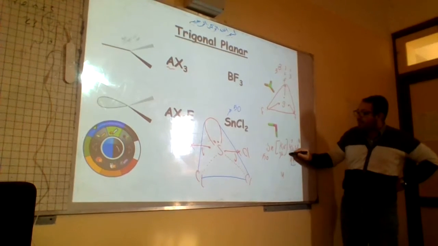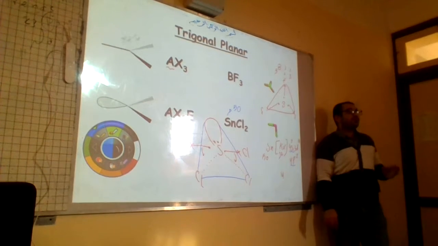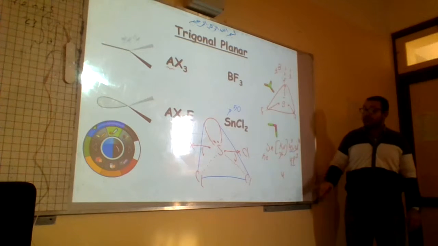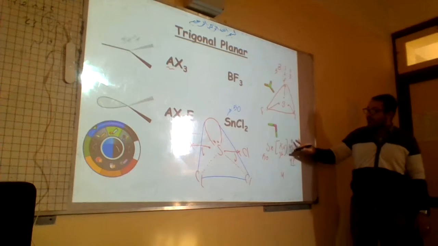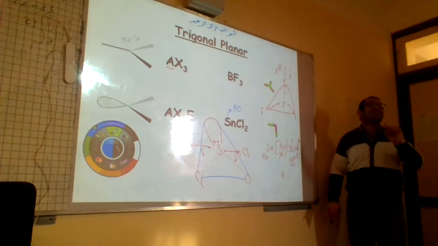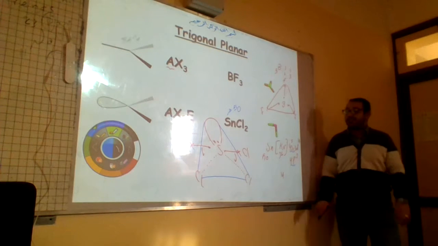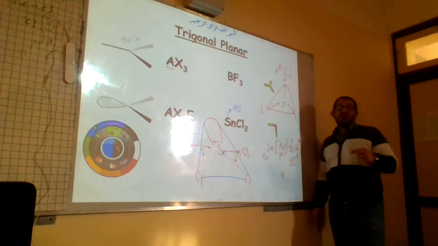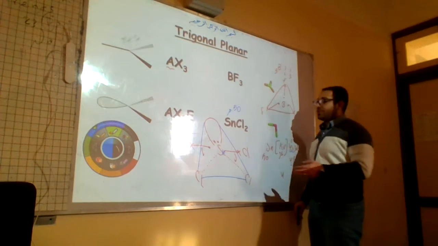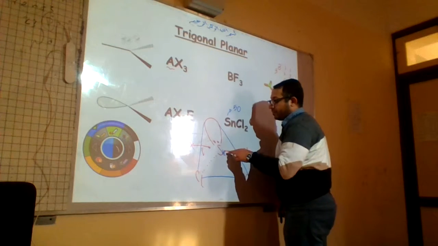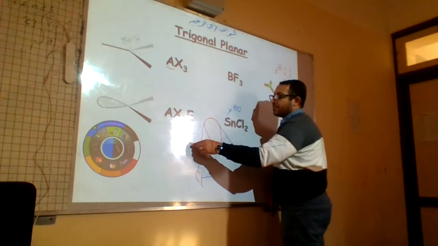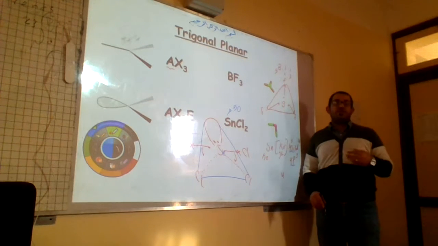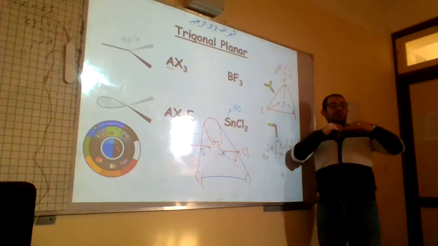We're talking about the electrons in the outer shell: 2 electrons in s and 2 electrons in p, so 4 electrons surround the Sn. Two of them form a single covalent bond with each chlorine atom, one with each. In all cases, a single covalent bond takes a linear shape.